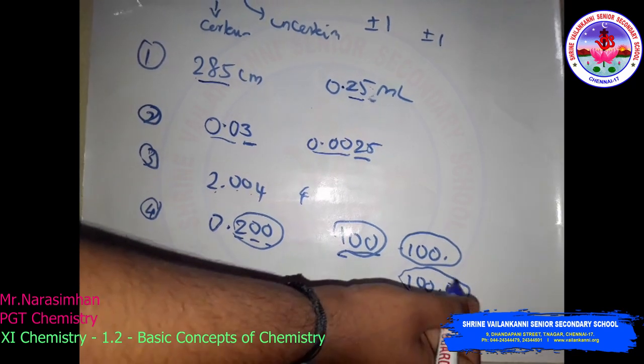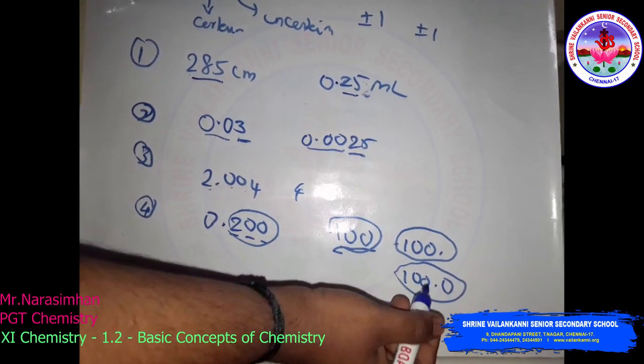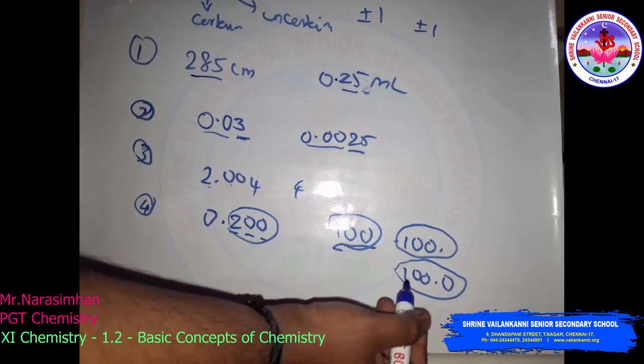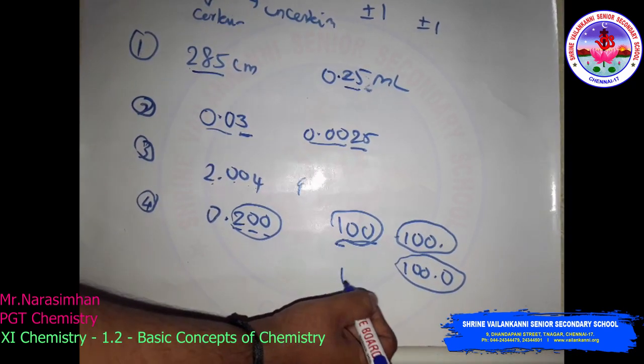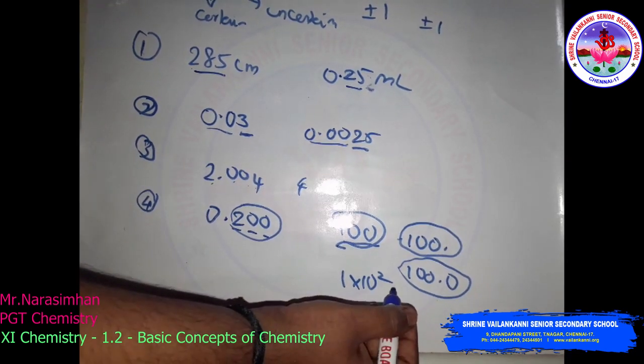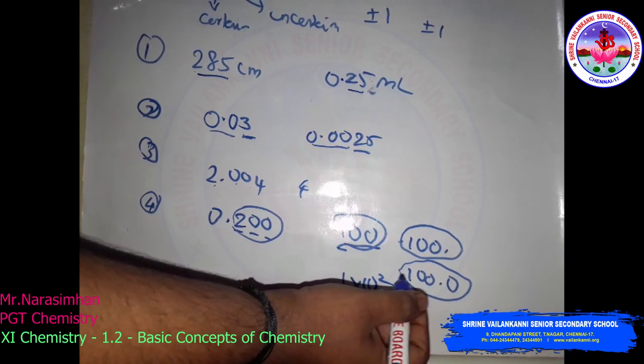Such numbers are better represented in scientific notation. We can express 100 as 1 times 10 power 2 for one significant figure.